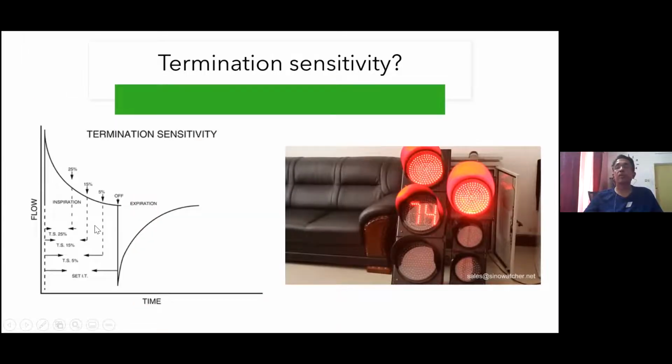So this is what is called termination sensitivity. When a baby is breathing out, the gases are flowing through the flow sensor. At the beginning of expiration, the gas flow rate is very, very high.